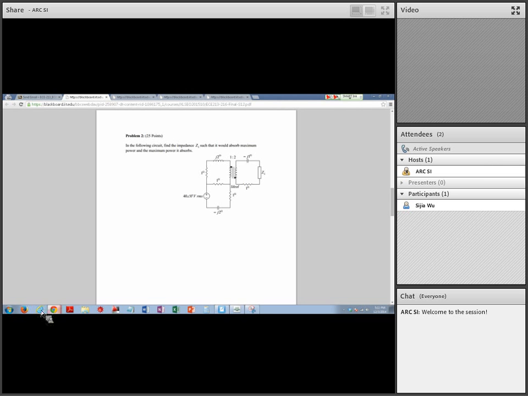Usually one more equation, probably on the current ratio, I3 equals, this is also going to be negative, -1.